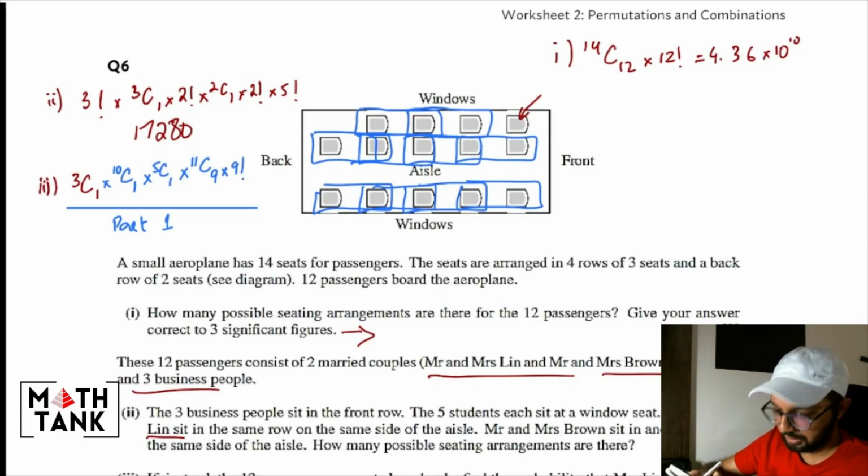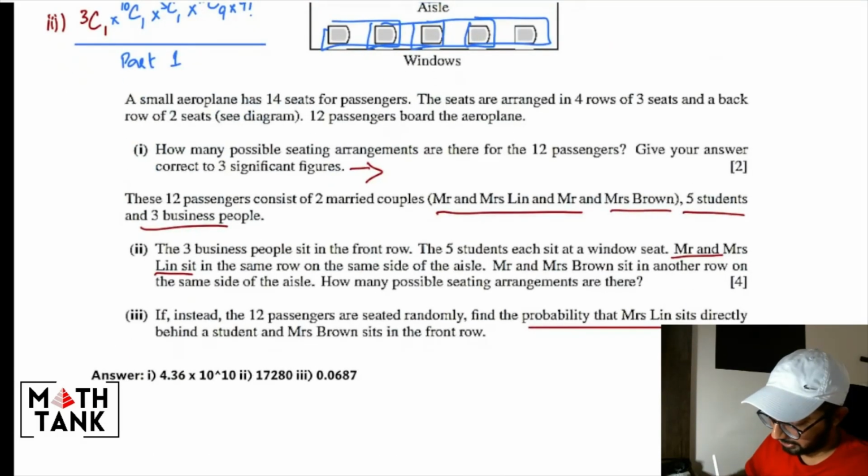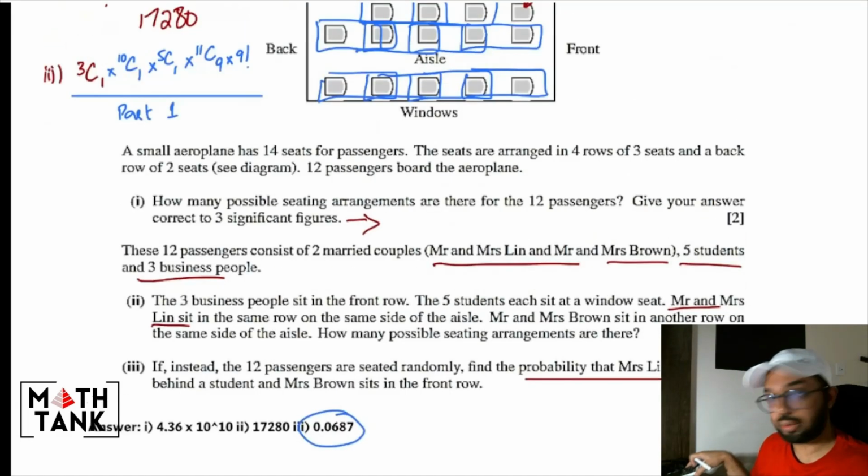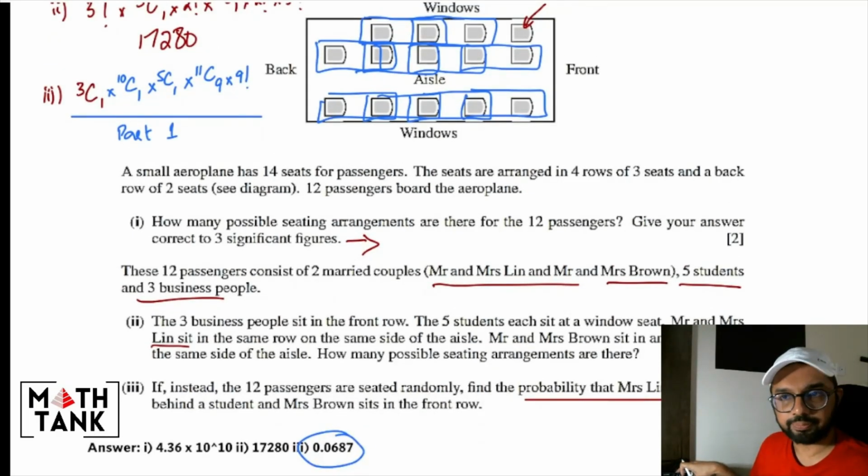So 3C1 into 10 into 5 into 11C9 into 9 factorial divided by 14C12 into 12 factorial. Yep, I get the correct answer. That's 0.0687. Okay, tough question. Please make sure that you review this before moving on.